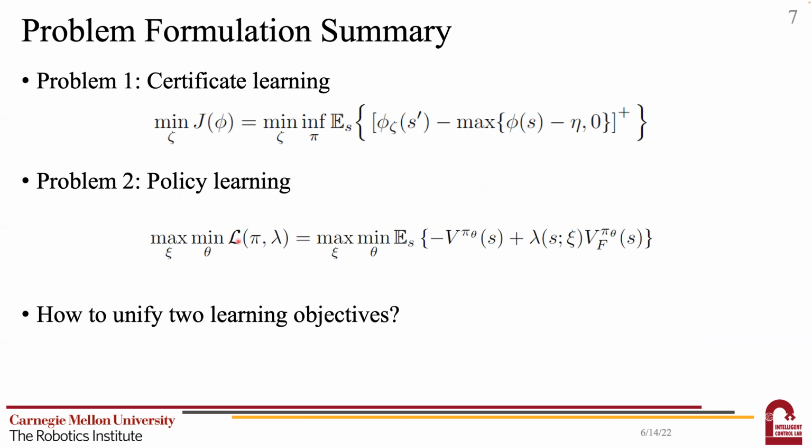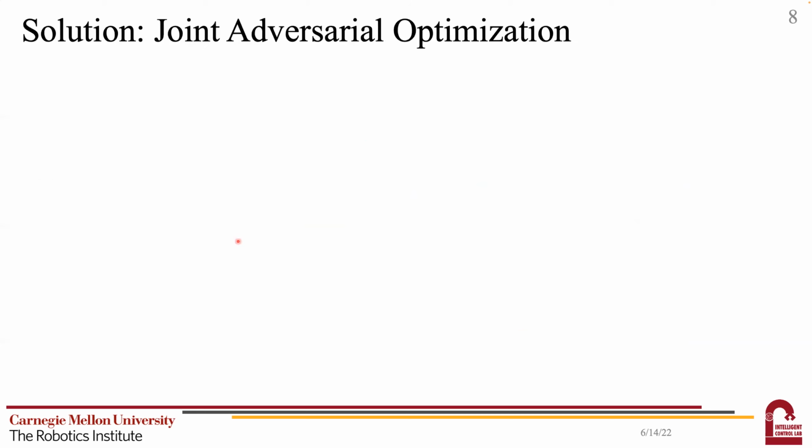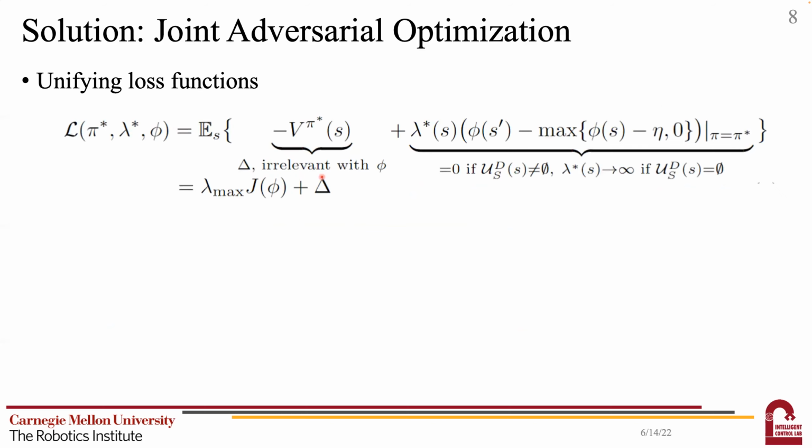So how do we unify these two learning objectives in our algorithm? Our solution is joint adversarial optimization. First, we prove that we can unify the loss functions.